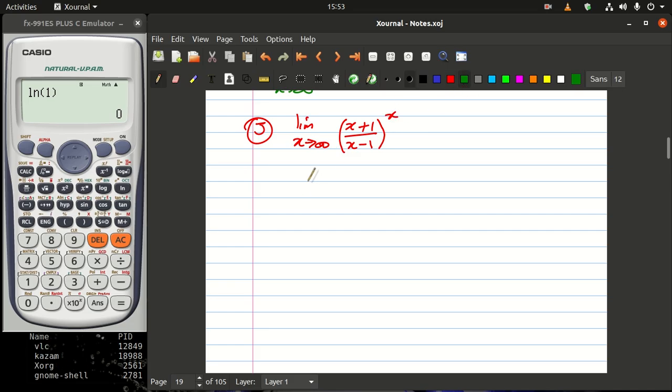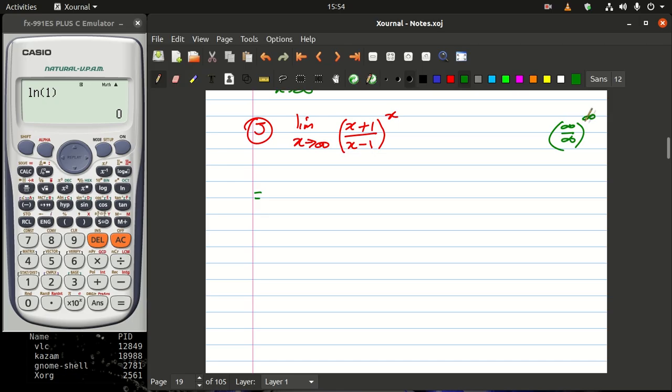Of course, if you want to deal with this, we do the same thing. If I'm plugging in infinity, I will get infinity plus 1, which is infinity, and then infinity in the denominator. So infinity minus 1 is still infinity. So I have infinity divided by infinity, which is fine. But the problem is I also have infinity there.